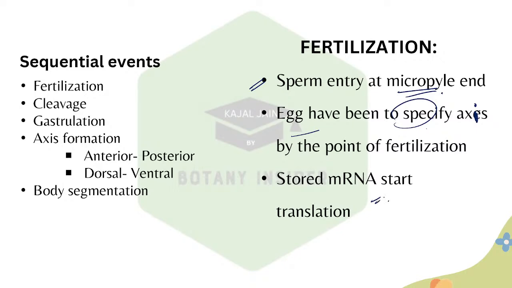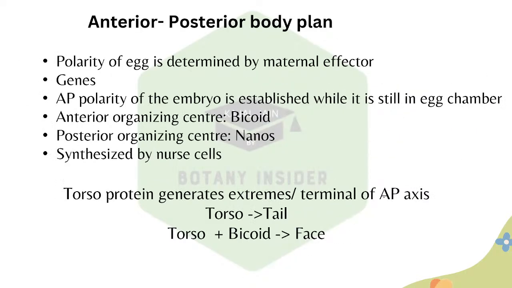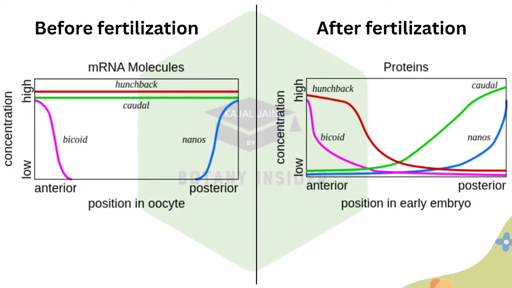Okay. Now the stored mRNA starts the translation. Check over here. See, before the fertilization, what do we have? Before fertilization, you can see the hunchback and the caudal in a normalized, high concentration throughout.